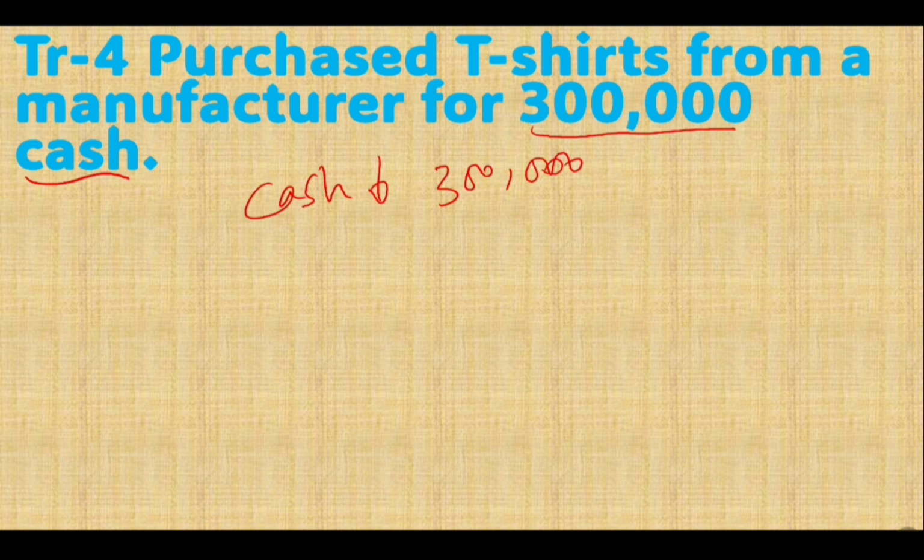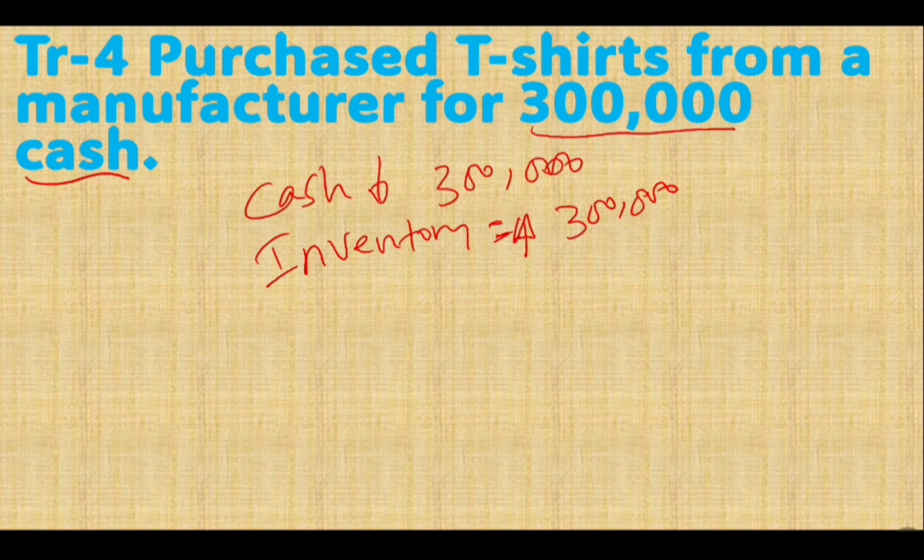So cash is decreased by 300,000. There is another asset account, we call it inventory. We are going to sell these t-shirts and obtain some revenue after some transactions. Therefore we register them as inventory, and the inventory is increased by 300,000.